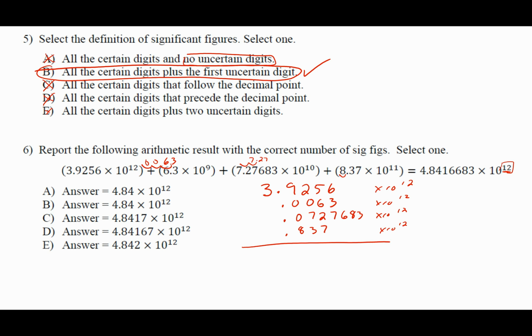And so when we add all those together, where is our largest error? It's in that third decimal place, which will be here, and then that will round up, giving us the answer E.